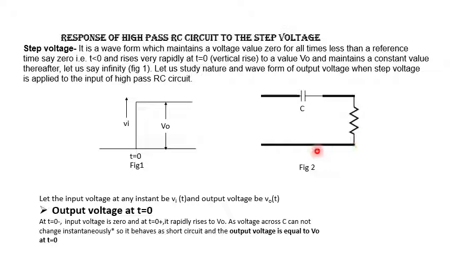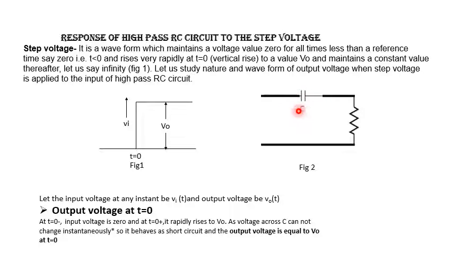Now we know that when an applied voltage suddenly changes, then the voltage across the capacitor cannot change instantaneously, because the procedure of capacitor voltage change is through charging and discharging. If the applied voltage changes abruptly and suddenly, then the voltage across the capacitor does not and cannot change instantaneously. It means that the voltage across the capacitor will remain zero.